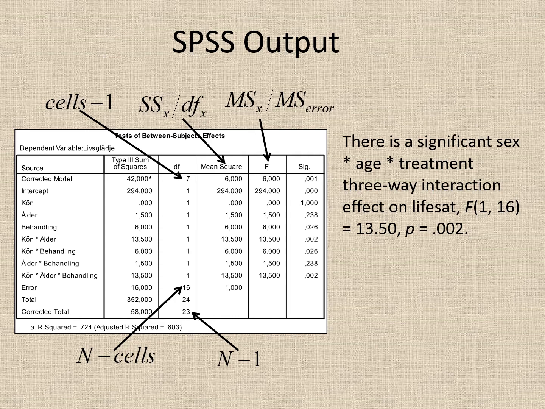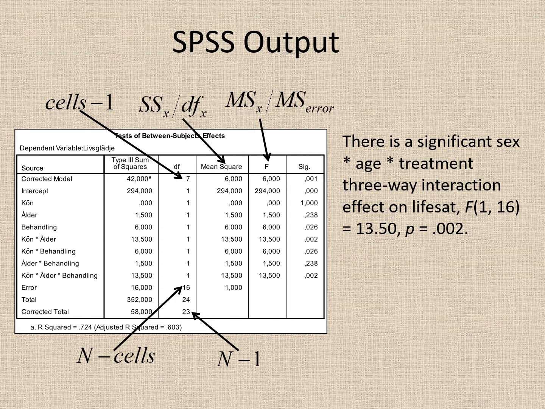It means that the age by treatment two-way interaction looks different depending on what sex you have. So a three-way interaction means that a two-way interaction looks different depending on what level you are on the third independent variable. That's what the three-way interaction means.